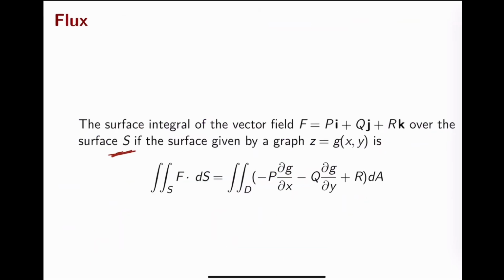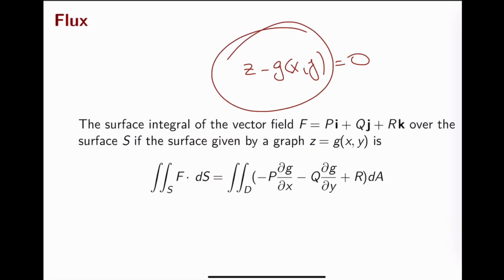In case that the surface is given by the graph of a function defined this way, so in that case we can consider z minus g(x,y) equals 0, and so when we do the partial derivatives here, we are going to get that the derivative with respect to x is going to be minus derivative of g with respect to x.